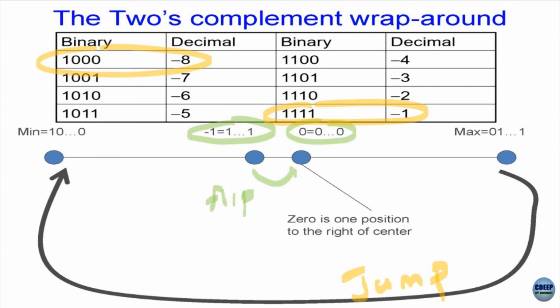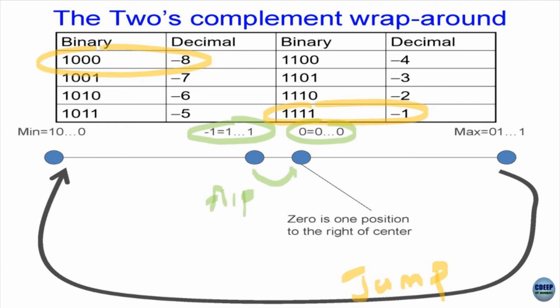Now, what's really happening here is as follows. I'll conclude with this slide. So you have some kind of a continuity here between minus 1 and 0. You can go from minus 1 to 0, from a negative value to 0, by just flipping every bit.